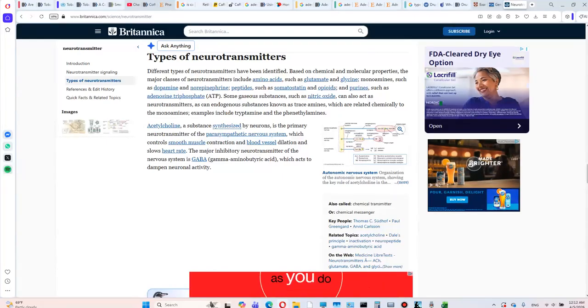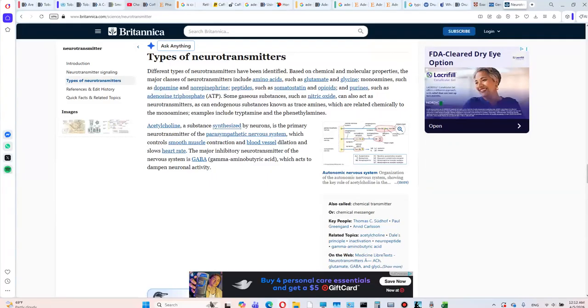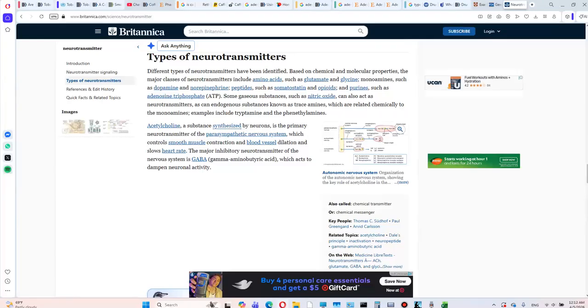The major classes of neurotransmitters include amino acids such as glutamate and glycine, monoamines such as dopamine and norepinephrine, peptides such as somatostatin and opioids, and purines such as adenosine triphosphate, ATP.